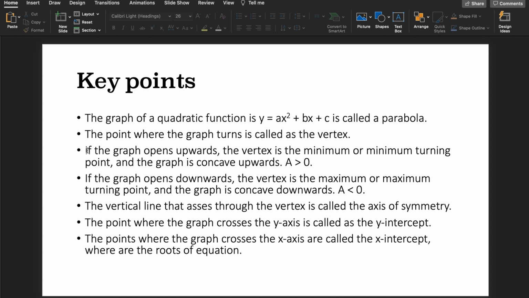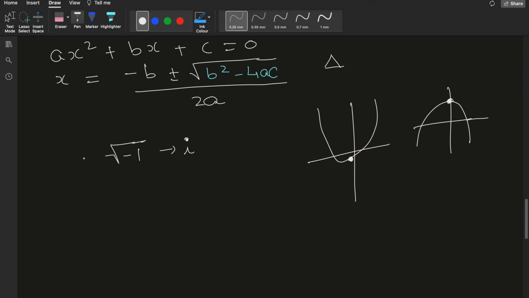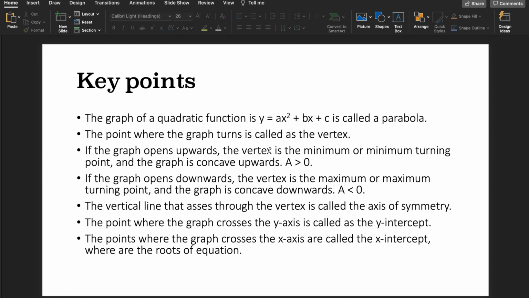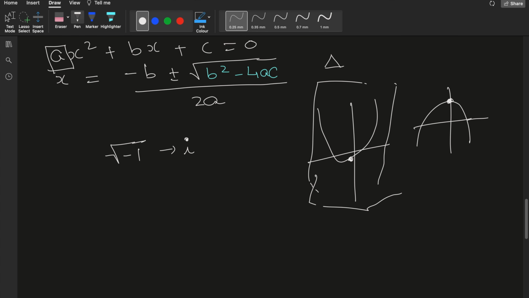If the graph opens upwards, the vertex is the minimum turning point, and therefore the graph will be concave upwards. This value determines whether the graph is concave downwards or concave upwards. If this value is positive, it's going to be upward opening, also known as concave upwards, and the vertex will be the minimum point.